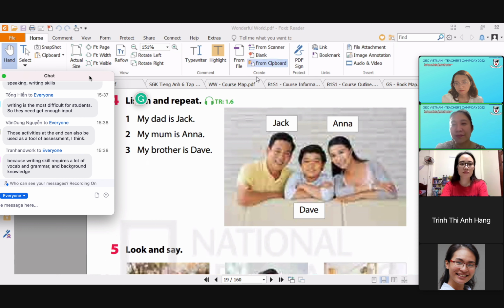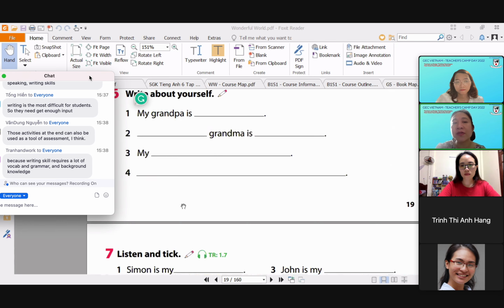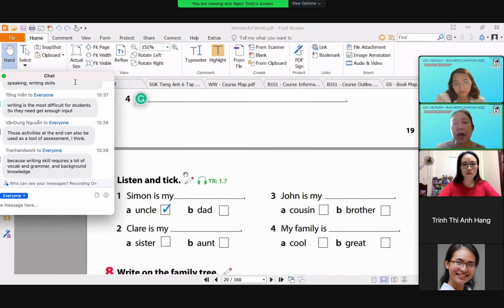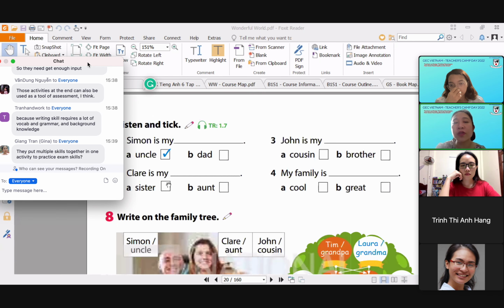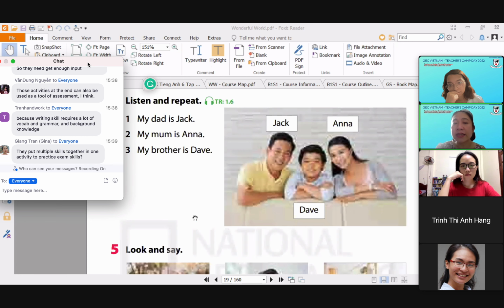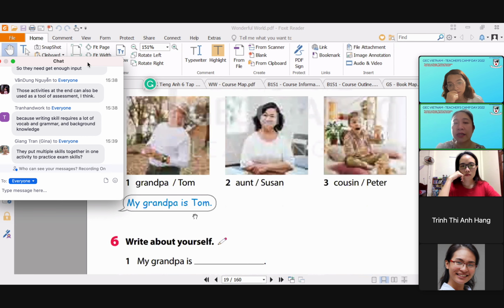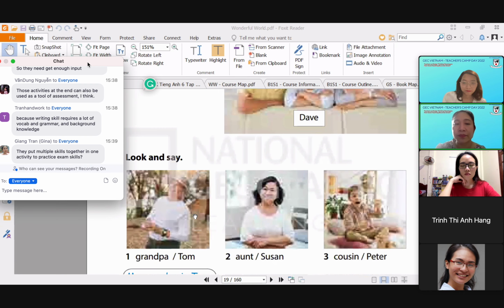So with writing, you cannot go to it, even though number 6, number 7, or number 8 ask your student to write, until you check that your students can listen, can identify the vocabulary, can put a tick properly, can repeat, can say, can point correctly, and can write down the vocabulary correctly.